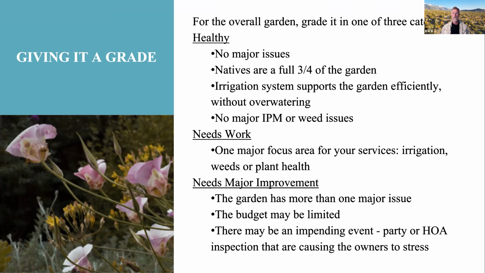I don't know if that's a requirement for healthy, but okay. The irrigation system supports the garden efficiently without overwatering. No major pest issues or weed issues. Needs work: 1 major focus area for your services: irrigation, weeds, or plant health. Needs major improvement: the garden has more than 1 major issue. The budget may be limited. There may be an impending event, party, or HOA inspection that is causing the owners to stress.